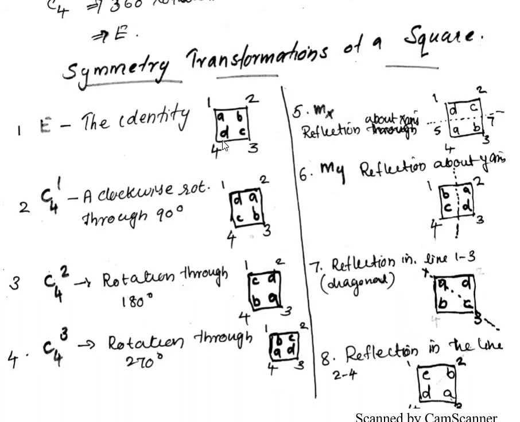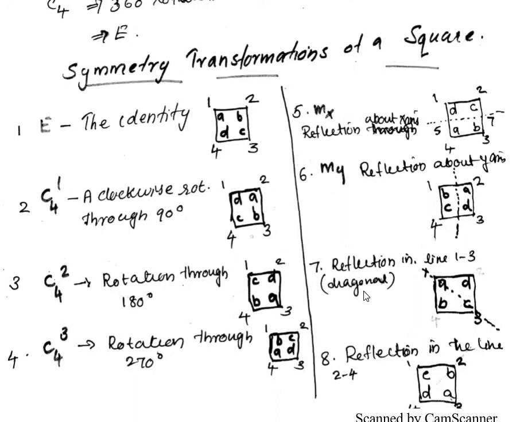When it is reflected, AB becomes here and DC becomes here. So this is DCAB. Reflection along the y-axis, when we reflect in the y direction, you will get DC here, AD here. When we reflect along this diagonal, you will get A and C unchanged, and B and D interchanged.